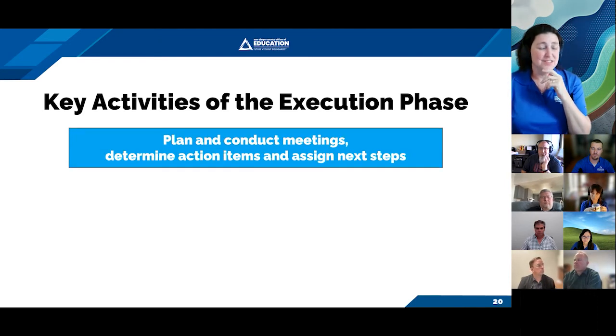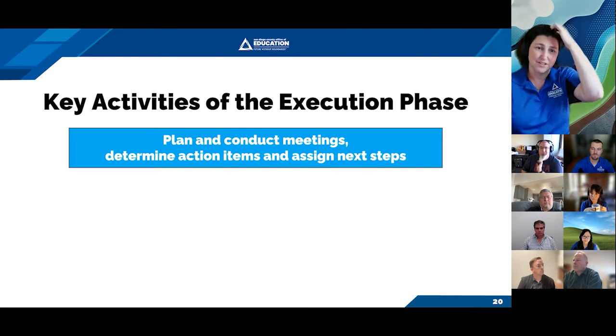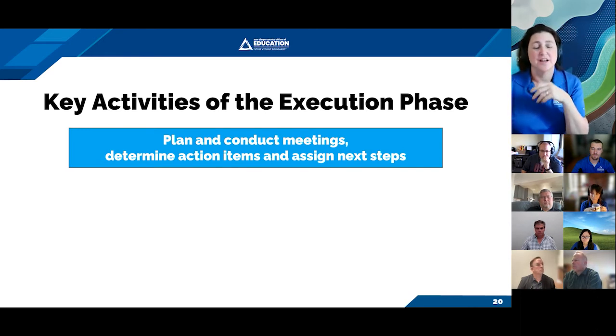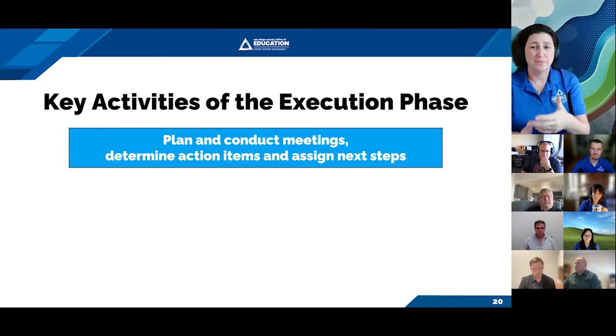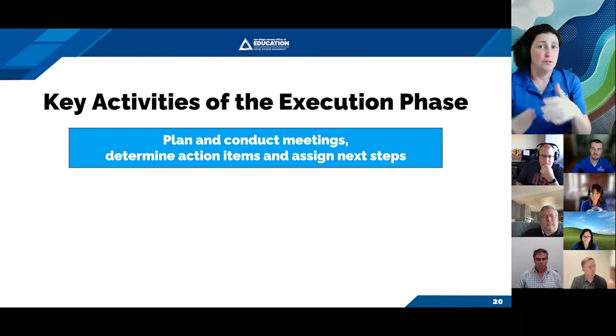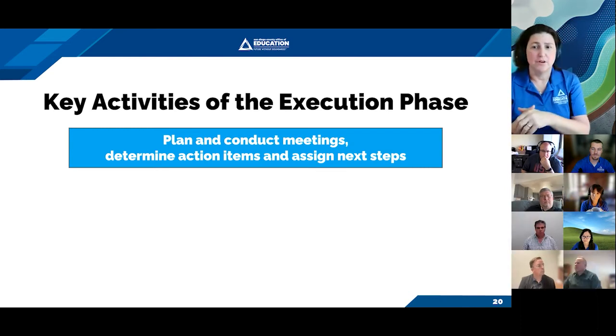Okay, so the second section says plan and conduct meetings and determine action items and decide next steps. So these are the two kinds of meetings we generally tend to do. We tend to lead status meetings. These are just an opportunity to provide new information, share updates, talk about the project plan, talk about any challenges or roadblocks, demo new functionality we built out, so on.